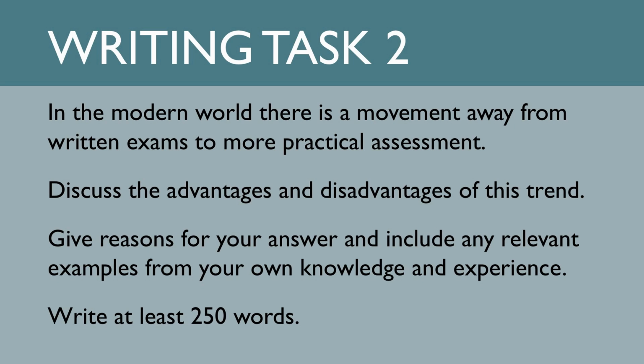So, in this essay, you have to discuss both the advantages and the disadvantages of this trend. You need to give reasons and include relevant examples, maybe from your own personal experience or your own knowledge. And you have to write at least 250 words.